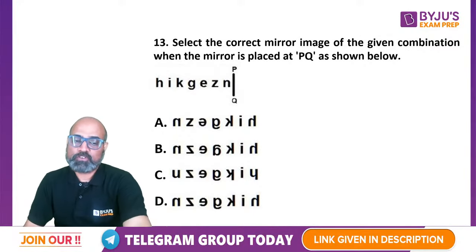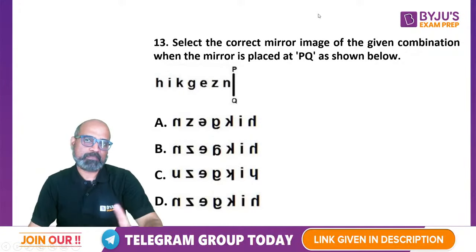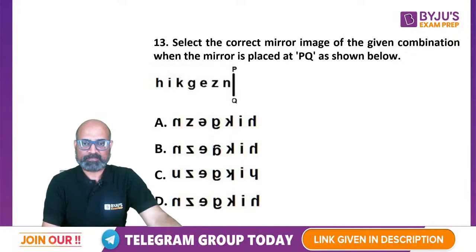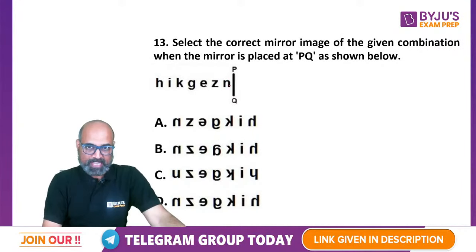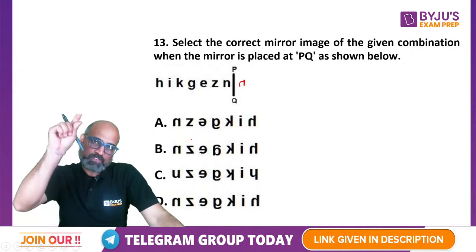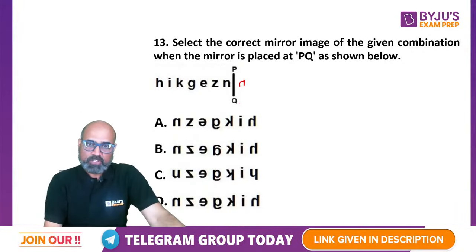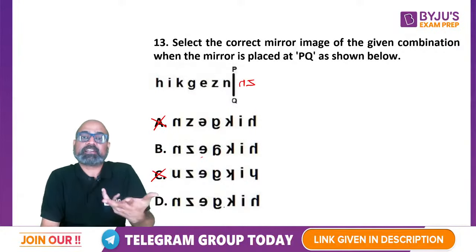Okay, so most of you have answered Delta. There is only one person that I have seen who has answered B. Since N is the first letter, its mirror image is going to look something like this, right? A small h where its top is cut. So this is not available in option C. Now this Z is going to look like this, its mirror image. This Z is not there in A. Between B and D now, let's see which letter is different.